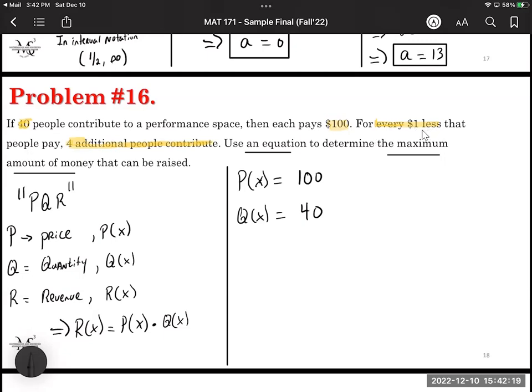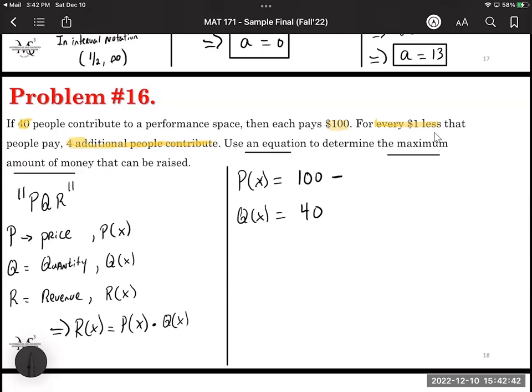Well, first, think about what operation is used to express less. Subtraction, that's right. So our price will start with 100, and we're going to subtract some value or expression. Do I just write $1?